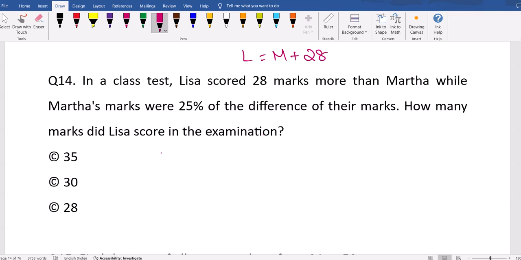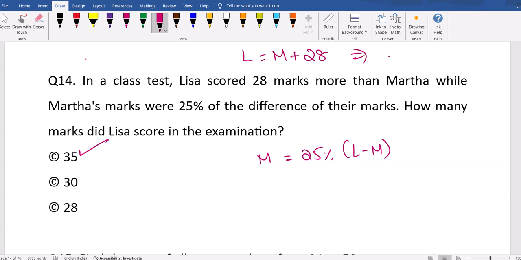While Martha's marks is nothing but 25% of the difference between them. Guys, 25% of the difference between them. 28 divided by 4, I think you will get the answer as 7. Then Lisa is 35.